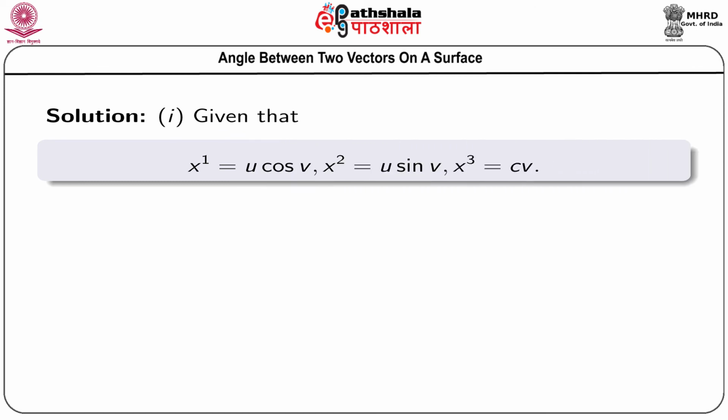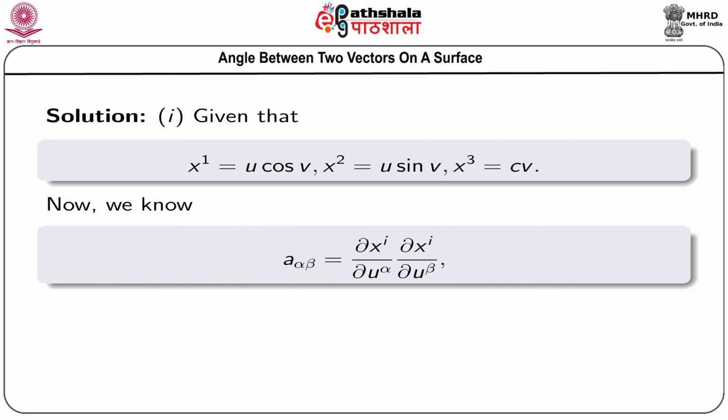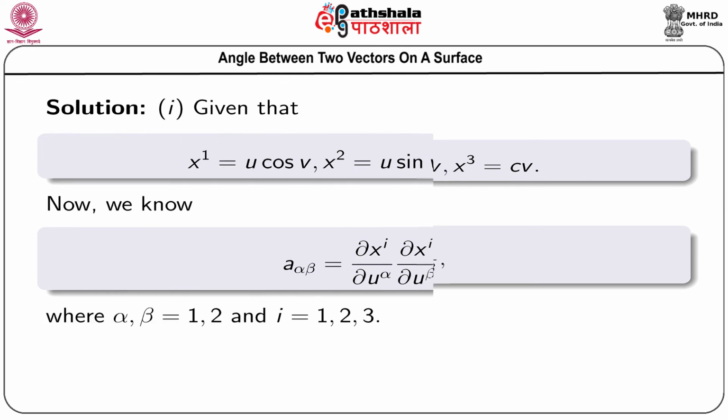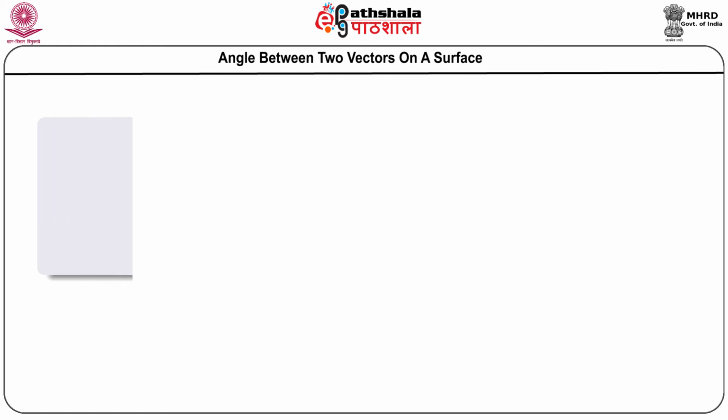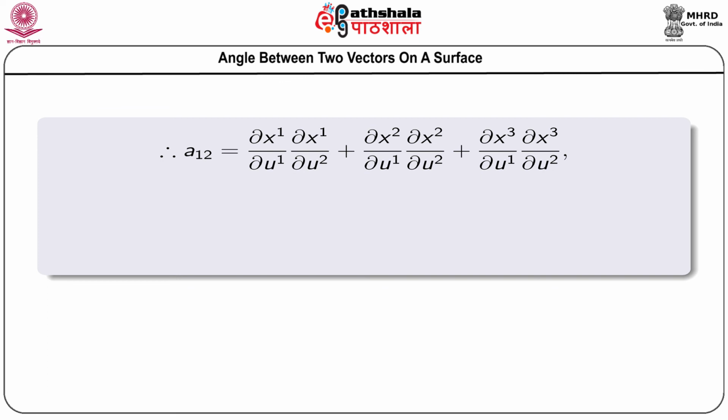So, for the first one, where the equation is given by x1 equal to u cos v, x2 equal to u sin v and x3 equal to c v, if we calculate a alpha beta by the formula del xi del u alpha times del xi del u beta, where alpha beta is running from 1 to 2 and i is running from 1 to 3, we have a12 equals to this expression, and if we calculate, we are getting a12 equals to 0.